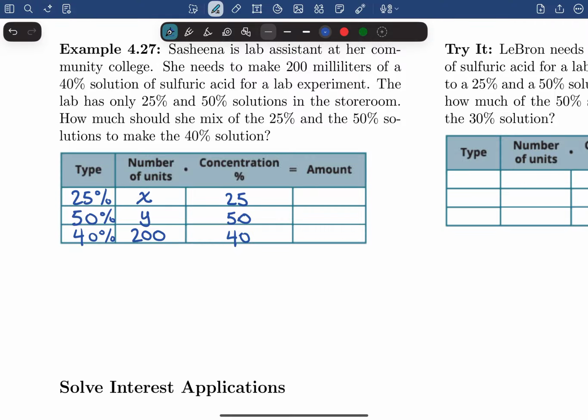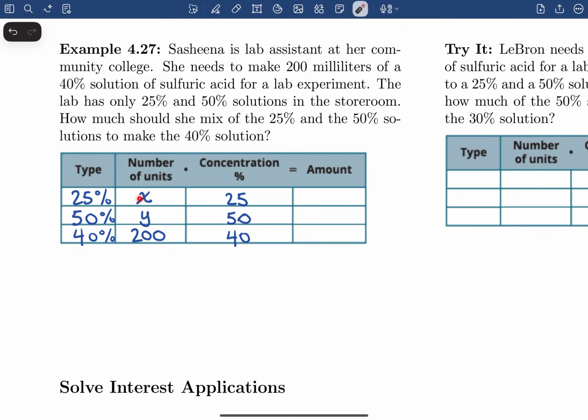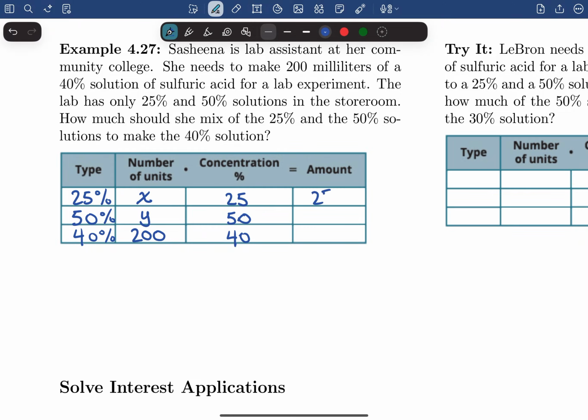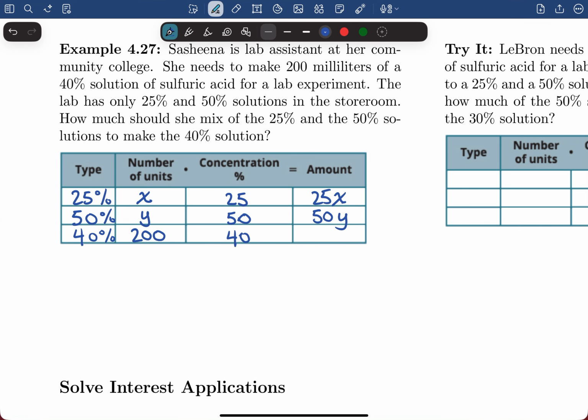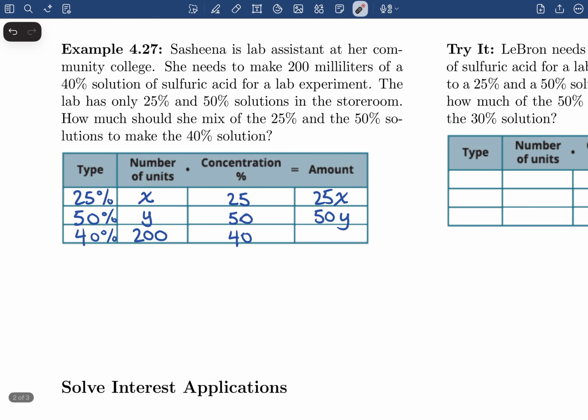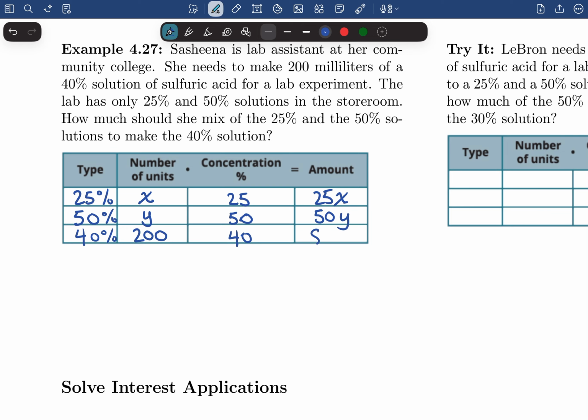And so now I'm going to take the number of units X times the concentration 25 and write it right here. And that's 25X. And then Y times 50 gives me 50Y. And then, oops, forgive me, 200 times 40, well, that gives me 8,000. So 200 times 40 gives me an 8,000 right there.